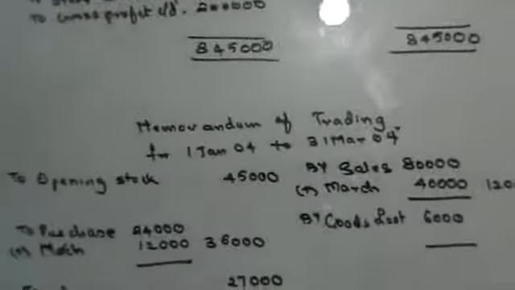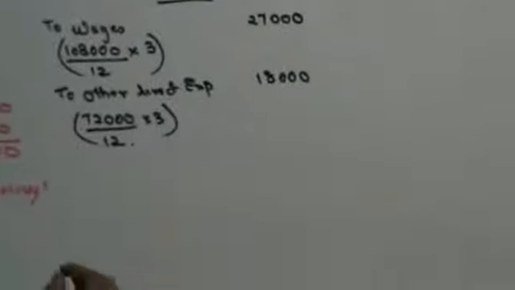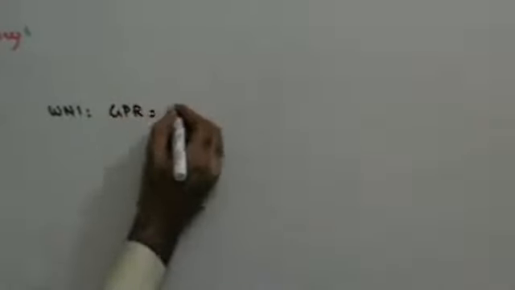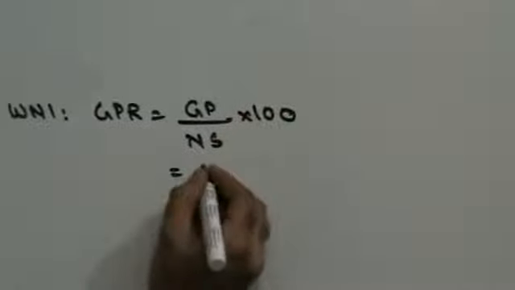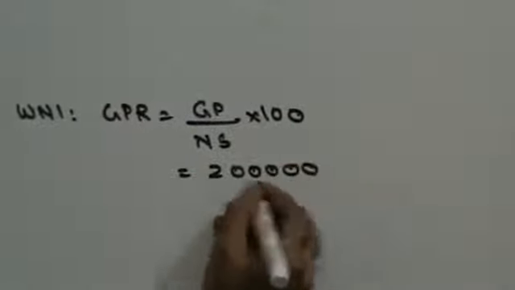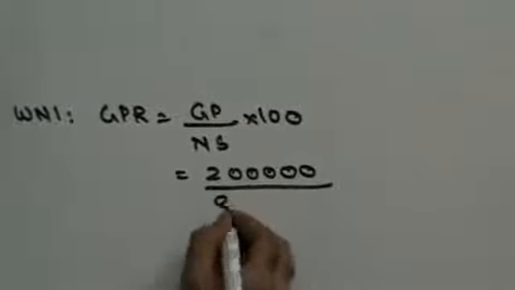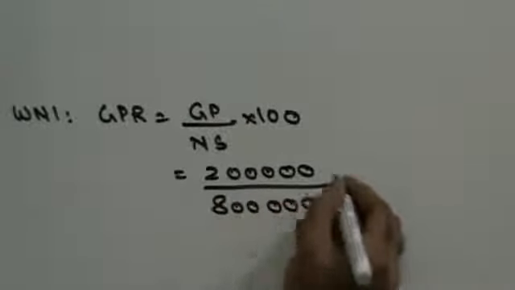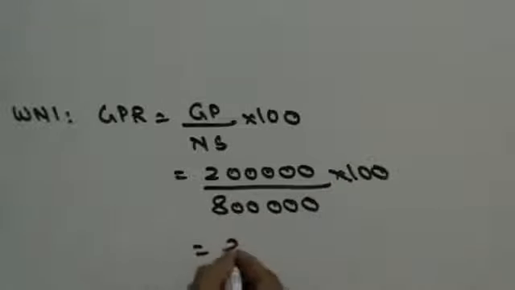Now, let's go on to the working notes guys. Let's see working note 1. Let's find out the gross profit ratio. Gross profit upon net sales into 100. So that's 2 lakhs divided by net sales, 8 lakhs, into 100. That is 20%.